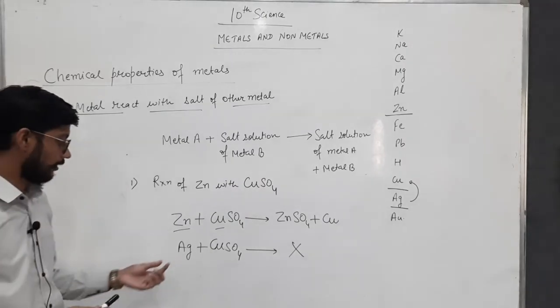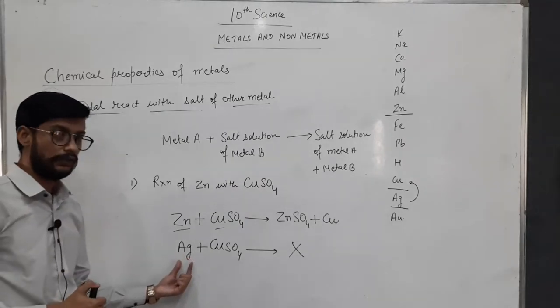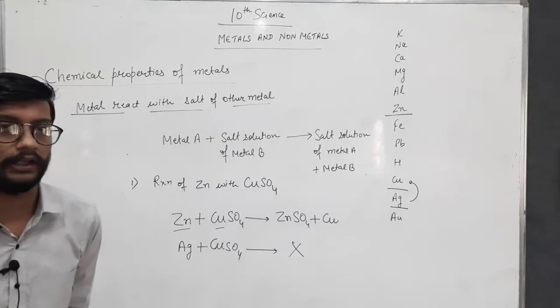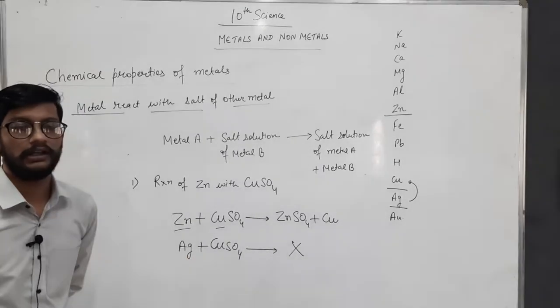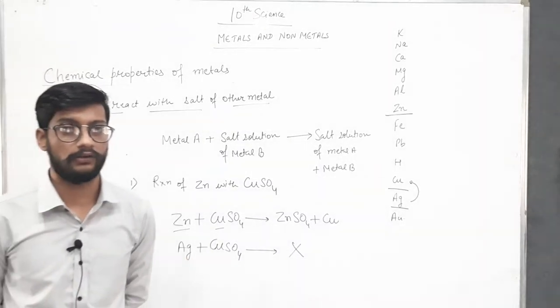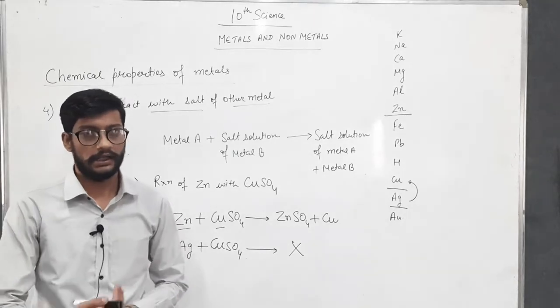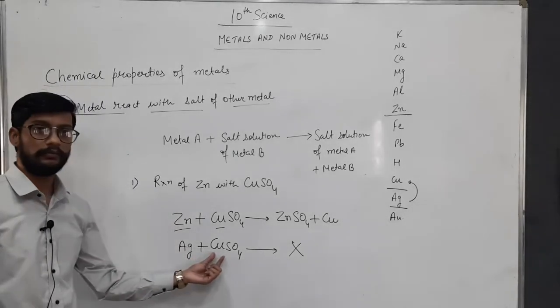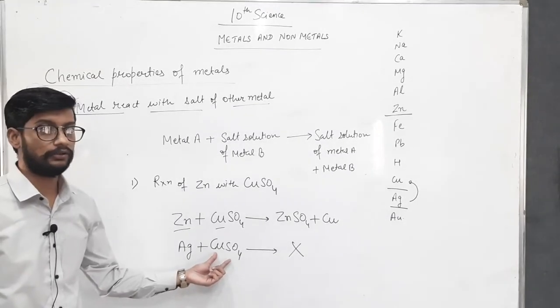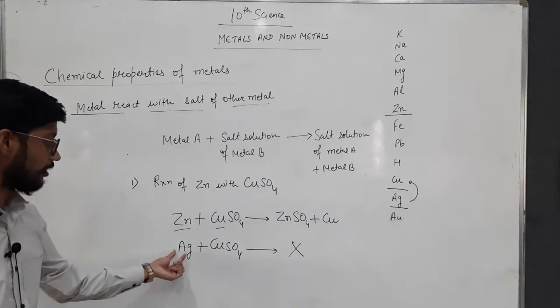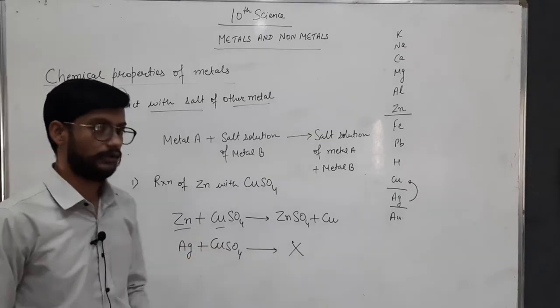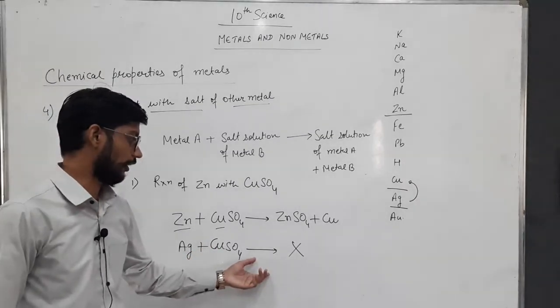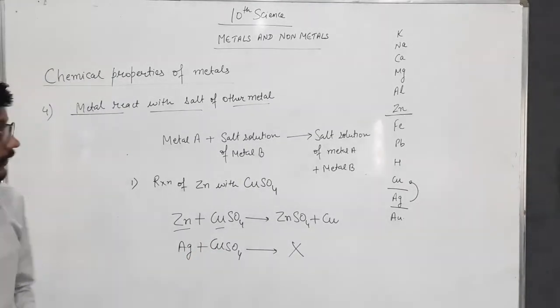Why? Because the tendency of this silver to displace copper does not exist, since silver is less reactive than copper. If metal A is less reactive than metal B, it will not displace the metal from the salt solution of metal B, so this silver will not displace copper, so no reaction takes place. Take care of this thing.